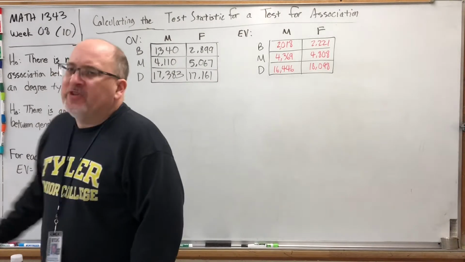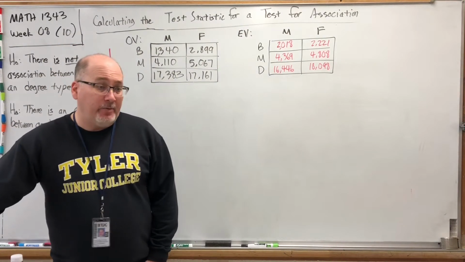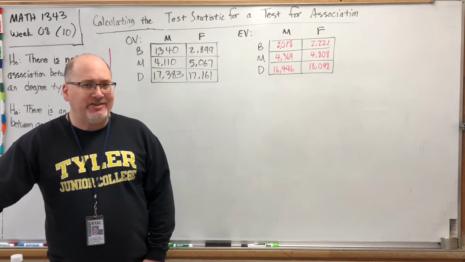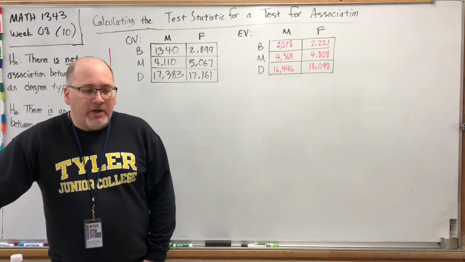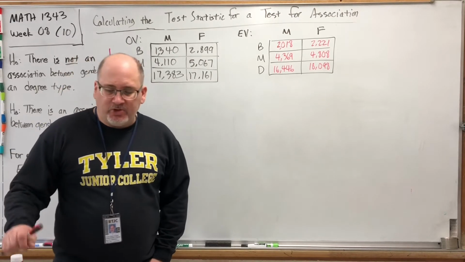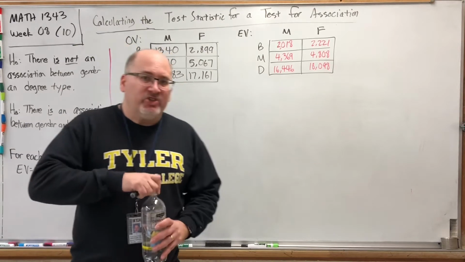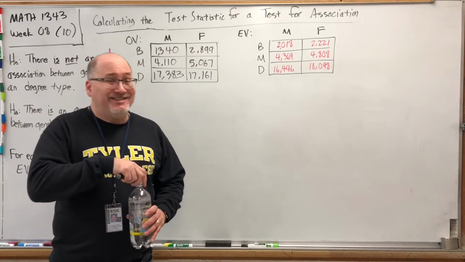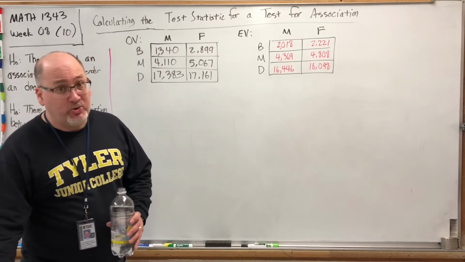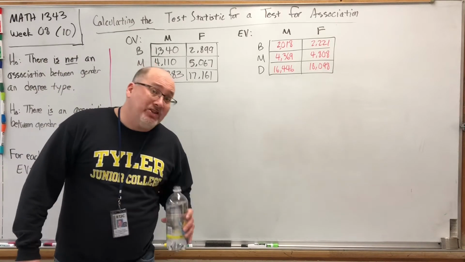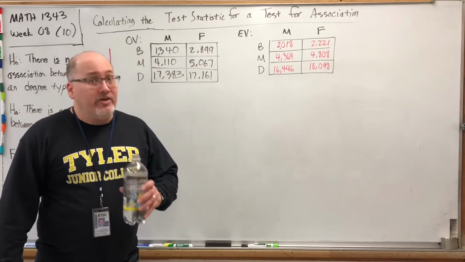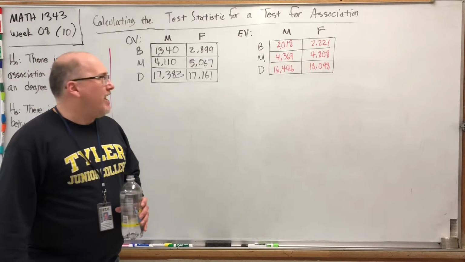Well, so far in the previous two videos, we've stated what a test for association is and how to state the hypotheses for it. Just a reminder, in a test for association, the null hypothesis in general is there is not an association between these two categories, whereas the alternative hypothesis is there is an association between the two categories.